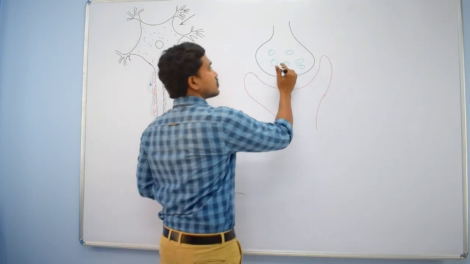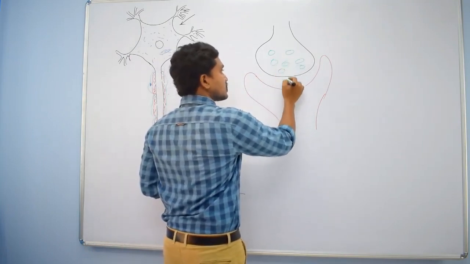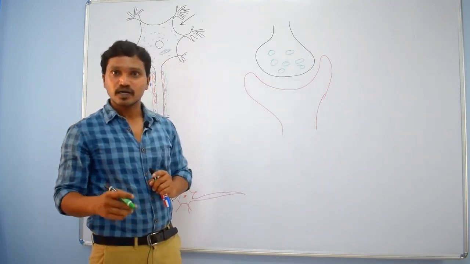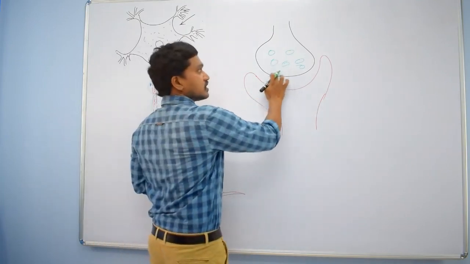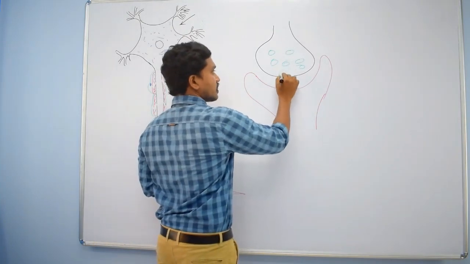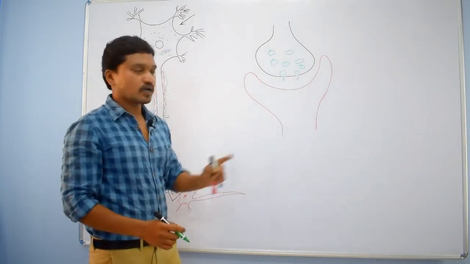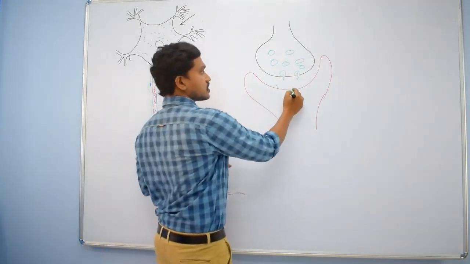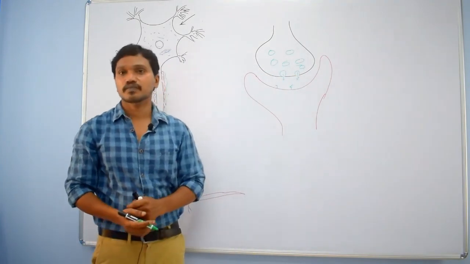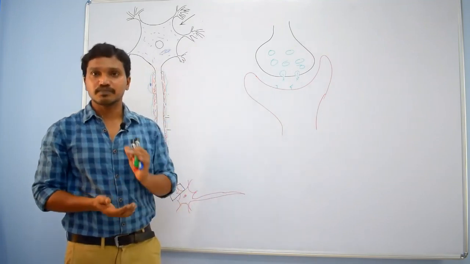By these neurotransmitters, impulses will be transmitted from one nerve to another nerve. These vesicles are filled with neurotransmitters. They will bind here and they will release into the synaptic cleft. And here receptors will be there. These receptors will receive and they will carry the same impulses through this nerve. Clear? So that is about synapse.